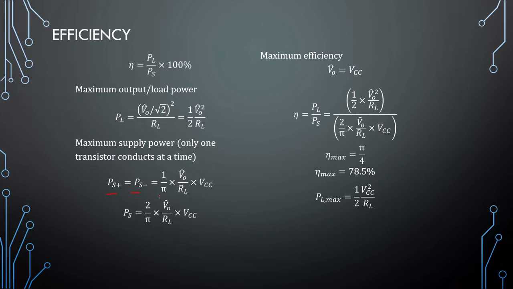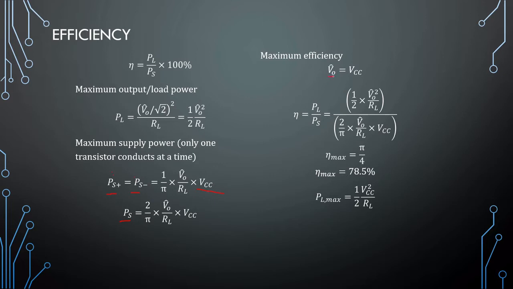So it is 1 over pi times our peak output over our load resistor multiplied by our source, our VCC. Since this will be symmetrical, our total source power is 2 times this equation.